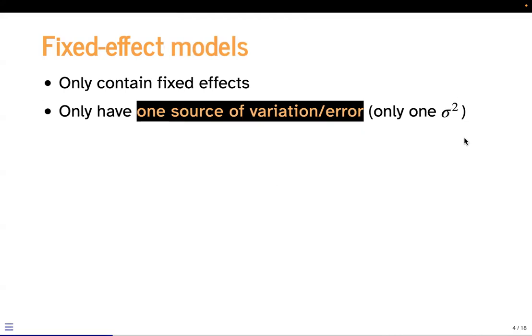If you remember, sigma square E is our mean square of the error, which is what we use to test the treatment effects on that ANOVA. If we have a fixed effect model, the only source of variation or error in this model is that error term, which is the sigma square of the error that we use to test treatment effects.